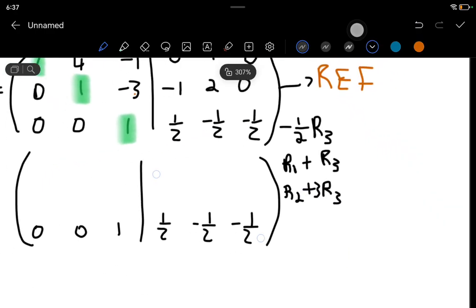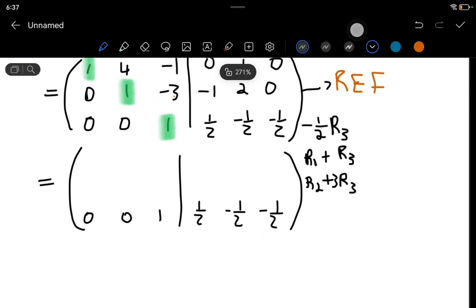So now, let's start with row 2. Row 2 plus 3. So 0 plus 0, 1 plus 0, it's 1 minus 3 plus 3, it's 0. Then this one's minus 1 plus 3 over 2. It's minus 2 plus 3 over 2. It's 1 over 2.